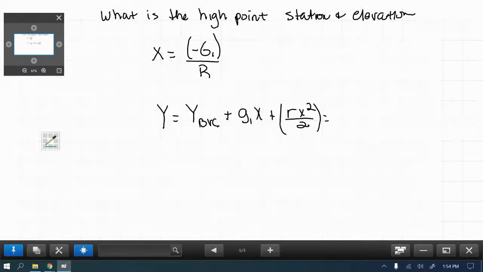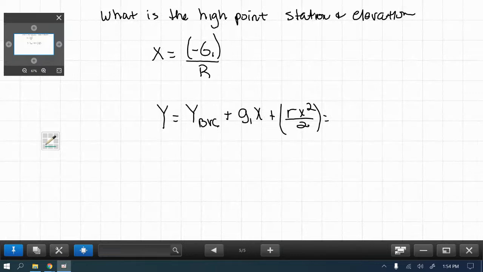Last thing. What's the high point station for this problem? I'm going to use equation 25-7 on page 762. Our G1 was just a 4, right?